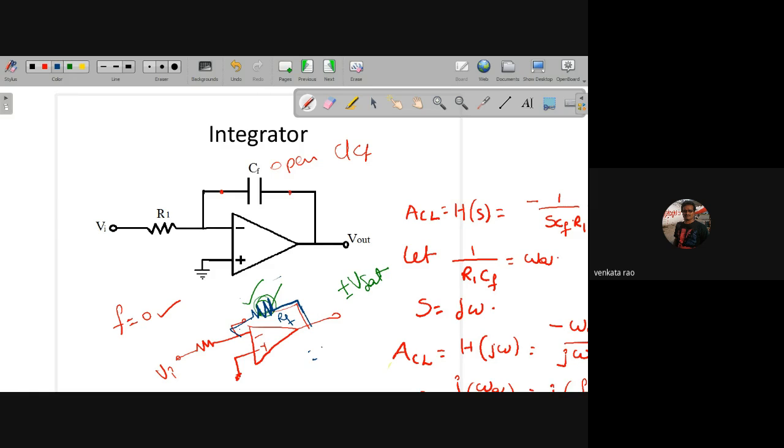Then the output is minus RF by R1 into Vi, just an inverting amplifier. Yes or no? Is it okay? Because of that only, here you are adding one resistor.